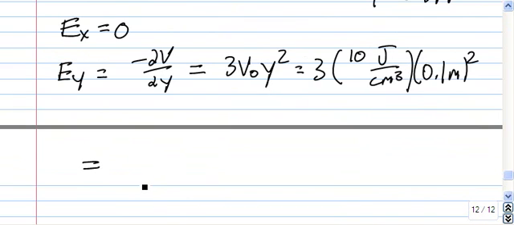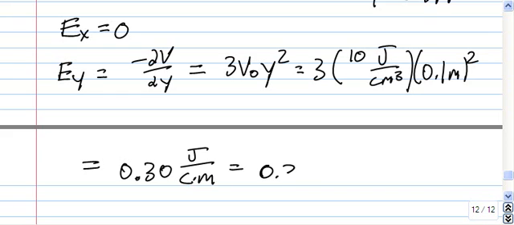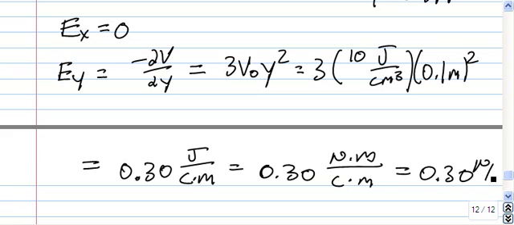If I perform this multiplication, this winds up being 0.30. And then if I want to check things out, I can note that this is joules per coulomb meter. Well, this is just newton meters, this is a joule. And so the E field is 0.30 newtons per coulomb in the y direction.